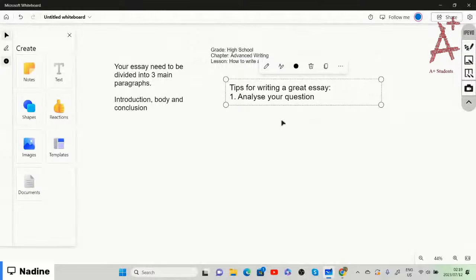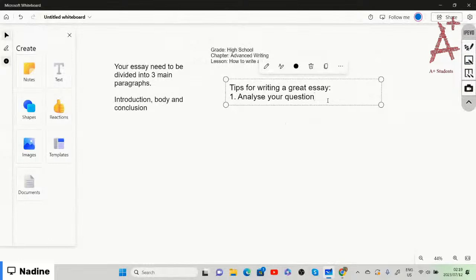If they are saying that you need to write about the contrast in the book or between characters, not just the whole topic, not even just the whole title of a specific book, or if they talk about the characters or the characteristics and so on, then you need to first analyze your question, because remember, your essay needs to link with whatever the question is.